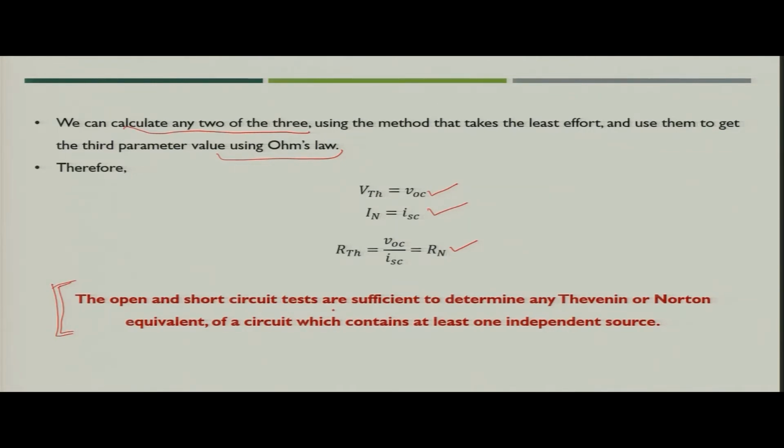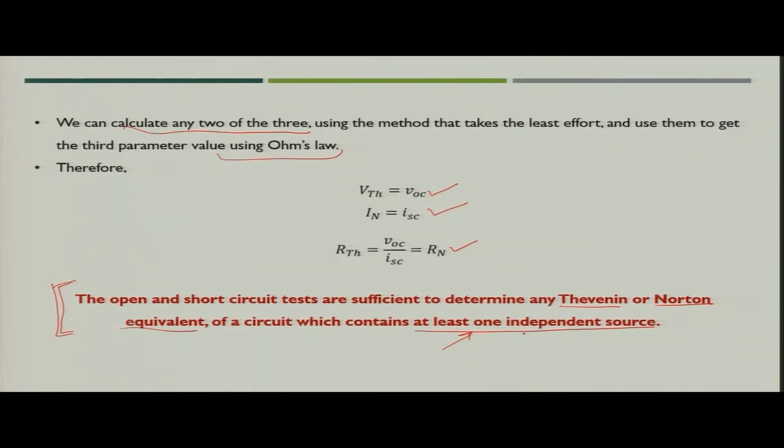So, now you can say in summary that the open and short circuit tests which we carry out at the terminal AB are sufficient to determine any Thevenin or Norton equivalent of the circuit which contains at least one independent source. So, this is required because when we discussed the Thevenin theorem and we discussed dependent sources, we established that if you do not have independent source, then you cannot determine the value of VTh.